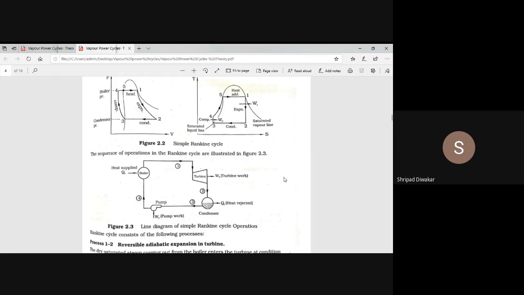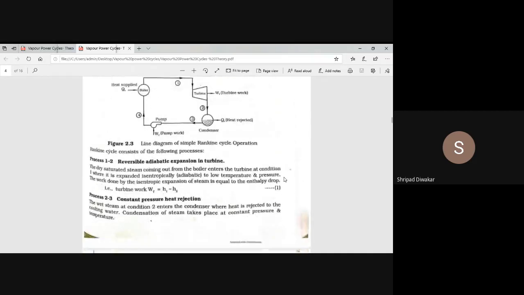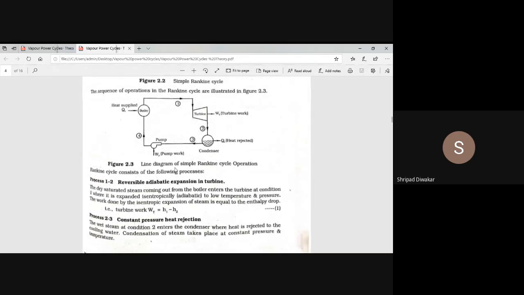Then how to find the efficiency? The efficiency formula is net work done divided by heat supplied. This is the standard formula you use for all cycles. And net work done is the work done by the turbine minus the work done in the pump, which means some part of the work generated by the turbine is utilized to run the pump.